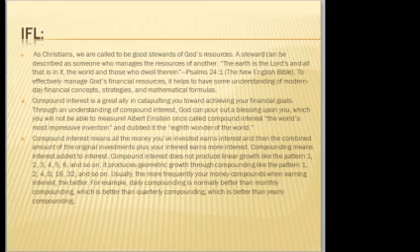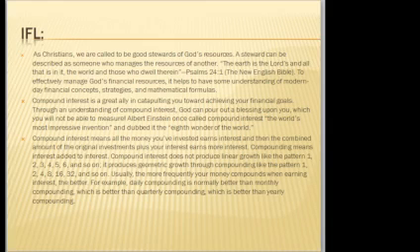To effectively manage God's financial resources, it helps to have some understanding of modern financial concepts, strategies, and mathematical formulas. Compound interest is a great ally in catapulting you toward achieving your financial goals. Through an understanding of compound interest, God can pour out a blessing upon you, which you will not be able to measure.